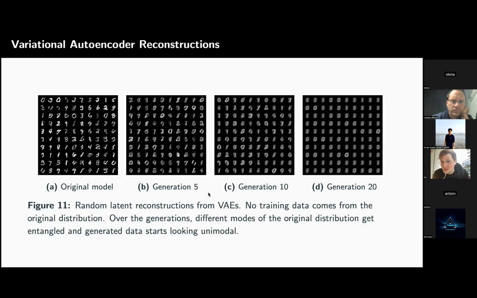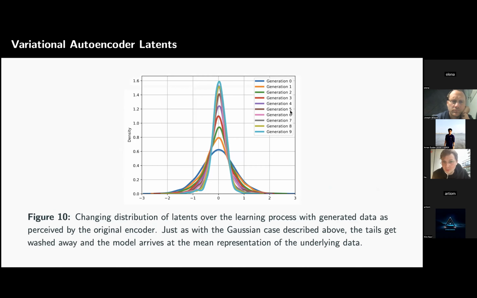If we look at what this actually looks like for, in this case, MNIST digits, the original model is quite good at generating digits. They are not ideal, but they look like real digits. By generation 5, they are already extremely blurry, and you'll notice many images share features amongst multiple digits, so it's quite hard to tell them apart. For example, here there is a 9, and it's also a 0 and an 8 at the same time. Those are already quite probable in terms of being produced.